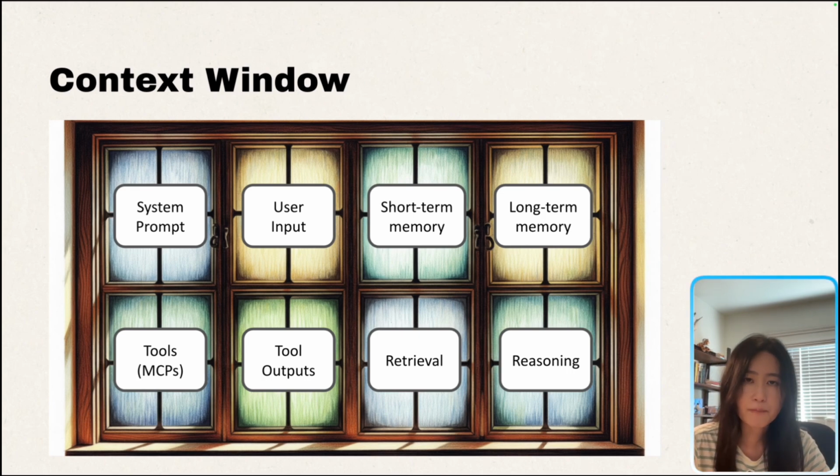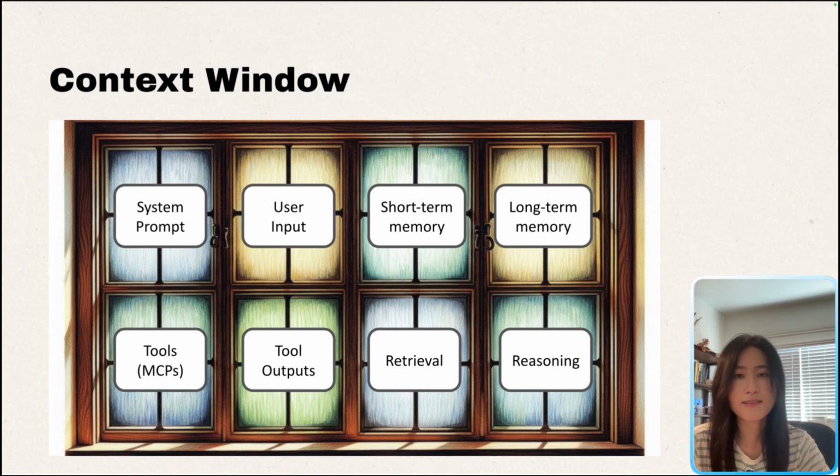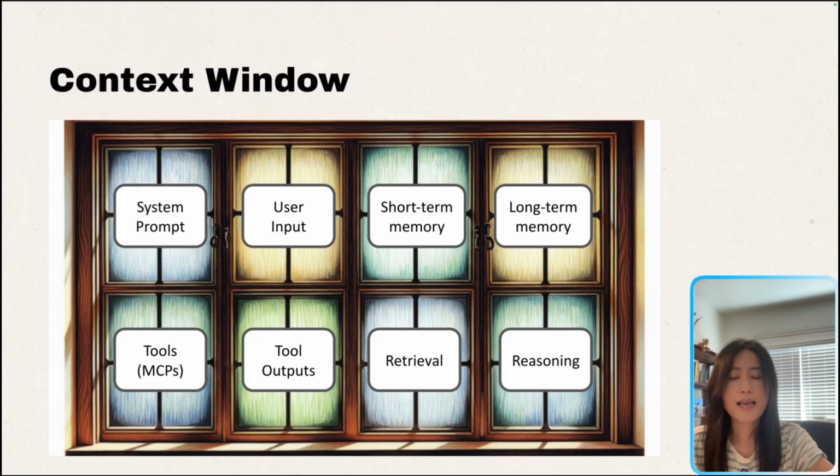And for chat applications, you will have in-session chat history. That is the short-term memory. And you might also store those conversations and create a compact version, and that becomes the long-term memory. And perhaps your Gen AI apps can use tools, and then you will include tool instructions for those MCPs.